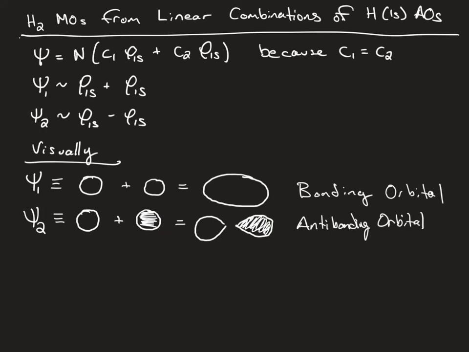Now, if you remember back, what we said is that the square of the wave function tells you where the electron is in three-dimensional space. So the probability of finding the electron in three-dimensional space. What this says is that if we examine our bonding orbital, psi1, the probability of finding electrons that are described by that orbital is in between the two nuclei.